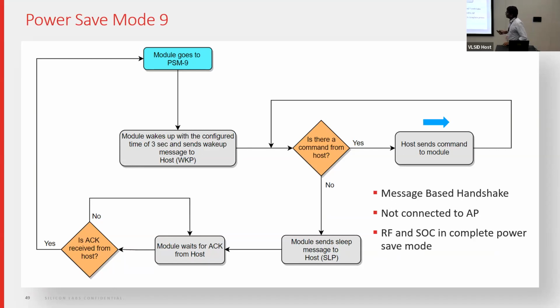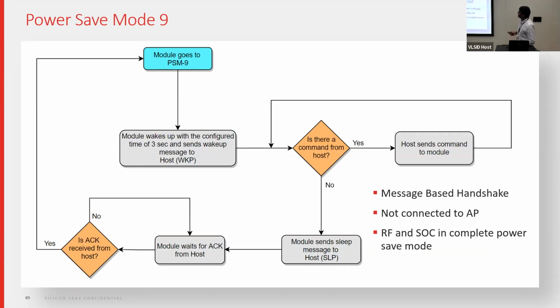Once the module goes to power save mode, it wakes up at the configured time of 3 seconds. This is configurable, and it can also be configured on the host side. If there is no option at the host, we use this default 3 seconds to wake up and check whether there are any commands from the host.